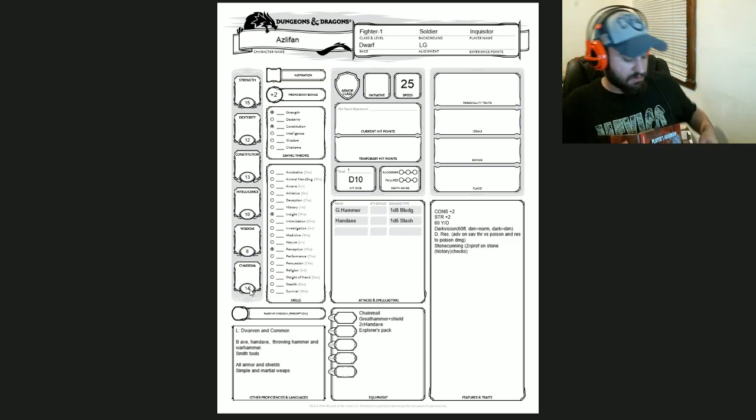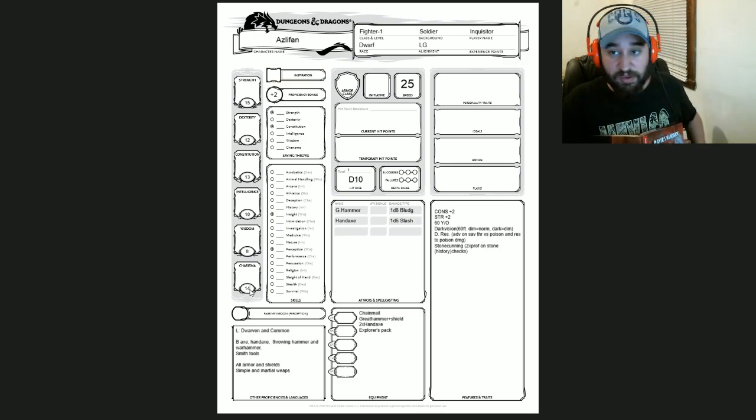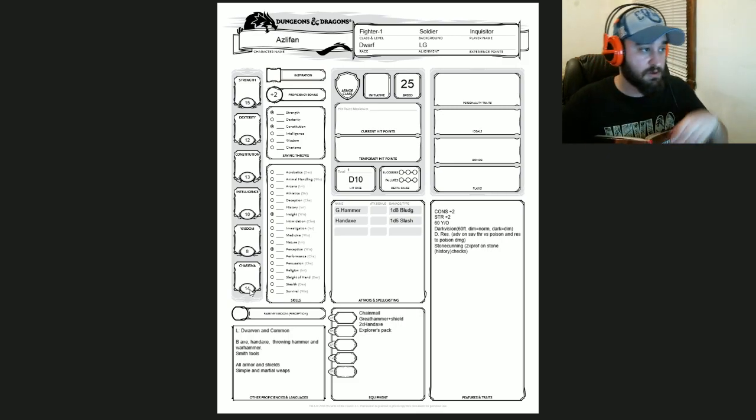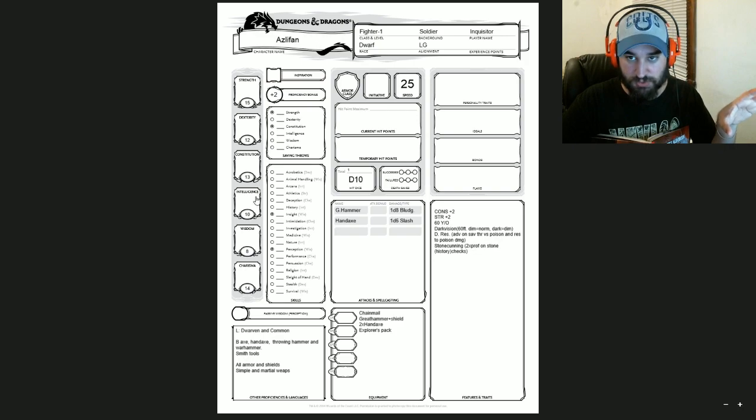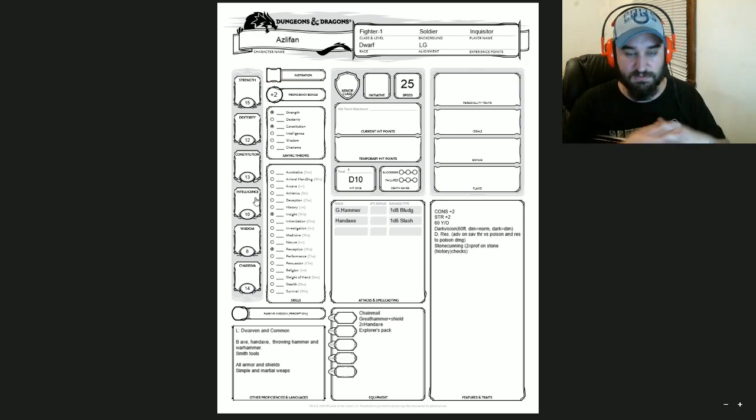Now, that's one of the choices that you get, right? You can just go for those base stats, and you can apply them. The way that it works is very, very simple. Of course, this is not, by the way, what we're gonna choose for our character, but it's just to show you how the stats work.